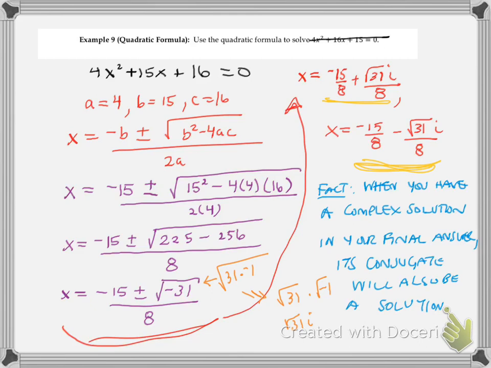Who doesn't like to go to the store and it's buy 1, get 1 free? So whenever someone tells you that a complex solution is a zero or root of a polynomial, you automatically know its conjugate. They come in pairs. They cannot be separated. If a complex solution is part of your answer, its conjugate is also a solution. And that's beautiful. I love that 2 for 1 deal.